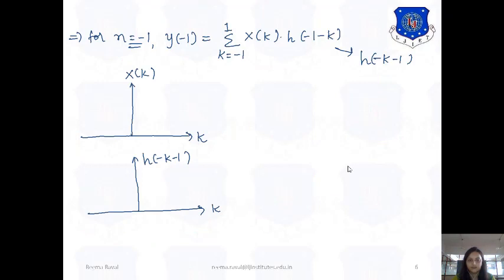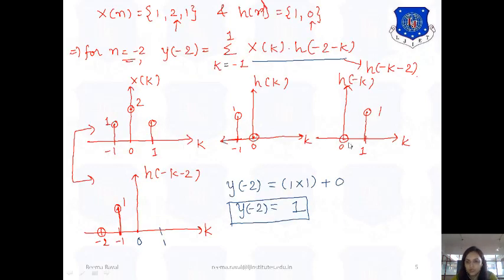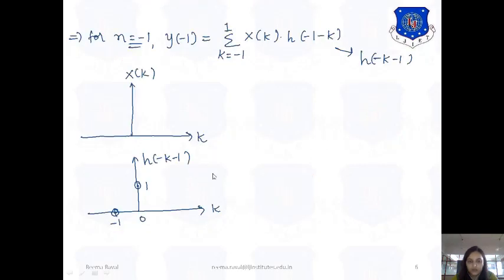Okay. So here h of minus k minus 1 will have the instants minus 1, 0. So here this will be 1 and at minus 1 it will be 0, right? So from this we have delayed it by 1 instant, so this will be over here, right?